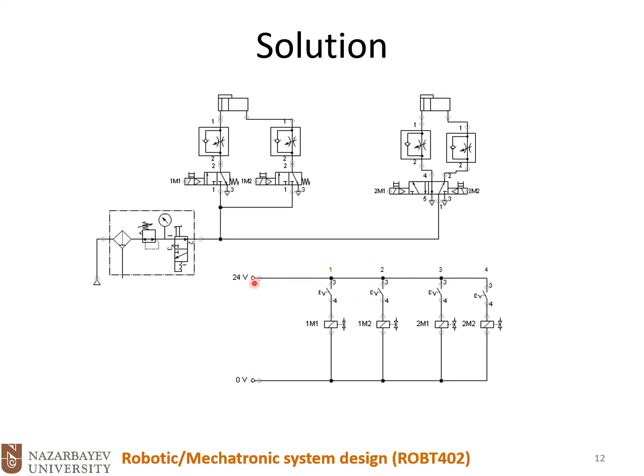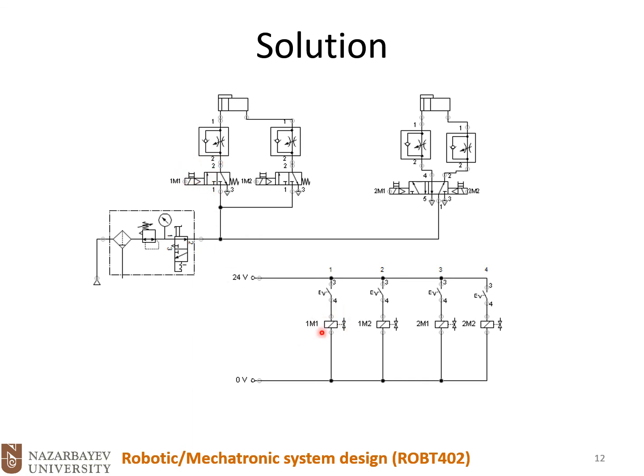Here we have the electrical circuit. We have solenoid 1M1 on this valve. So you see that this one is pneumatic and a solenoid. That solenoid will open and close the gate to the air, or to the air circuit.